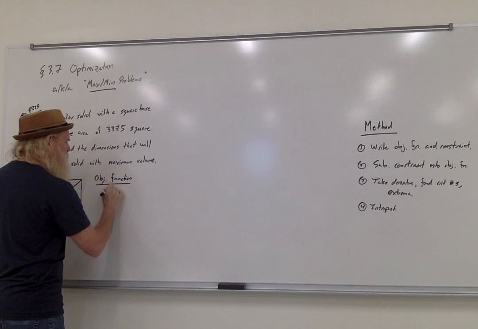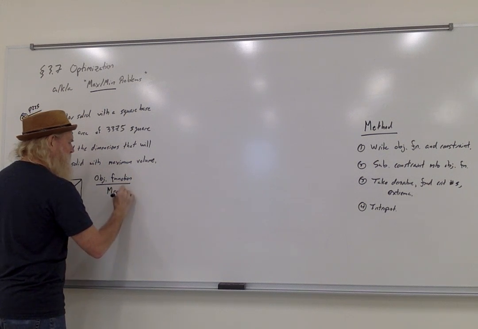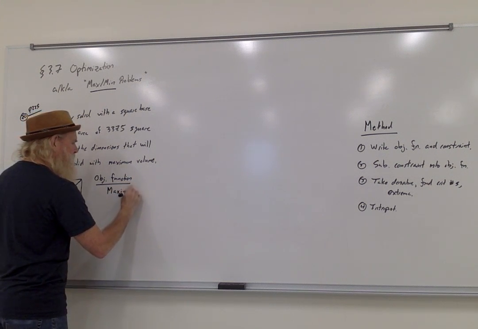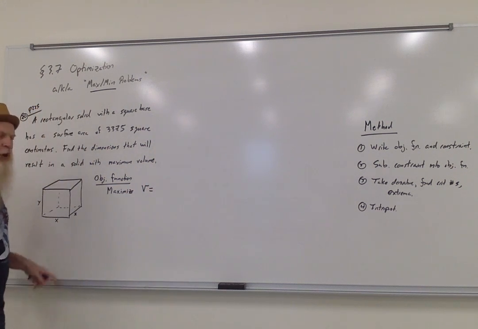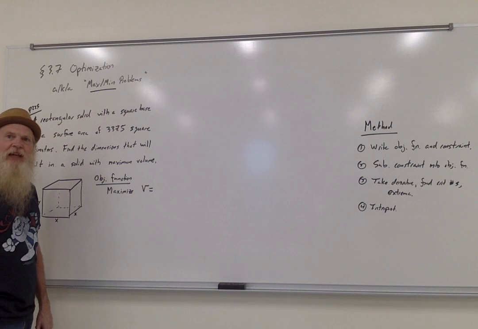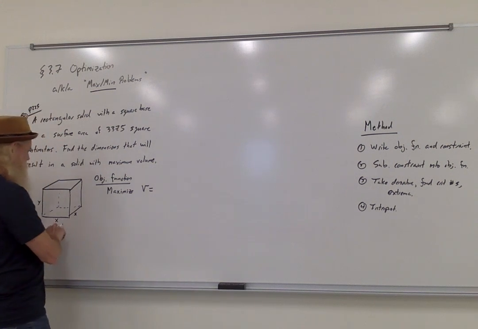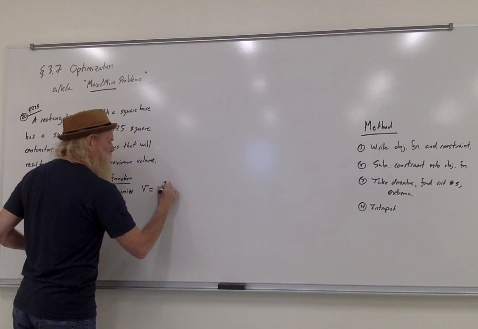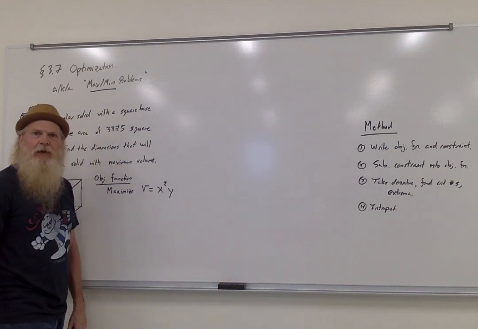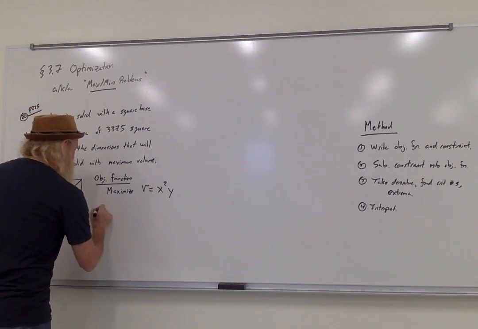So our objective function is to maximize volume. And remember that the volume for a rectangular solid is length times width times height. So that'll be x times x times y, so x squared times y. Now there is a constraint.